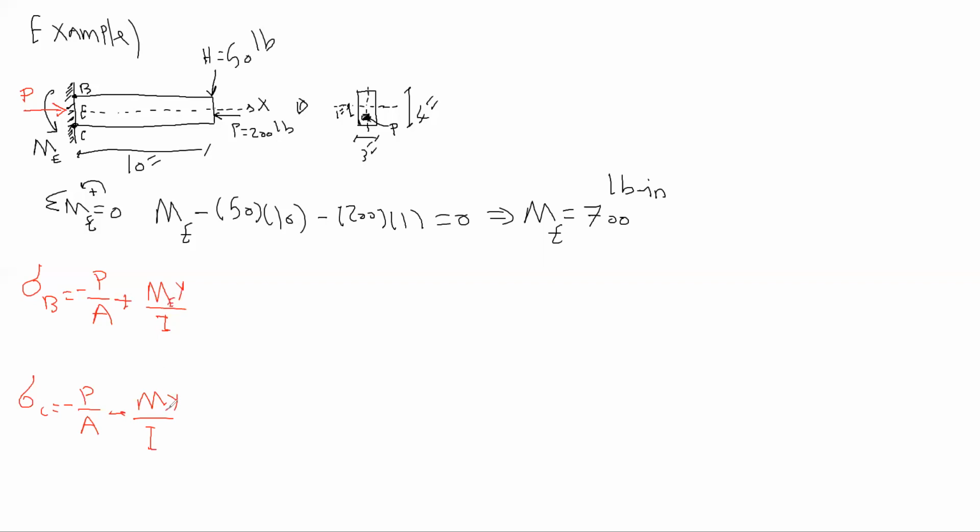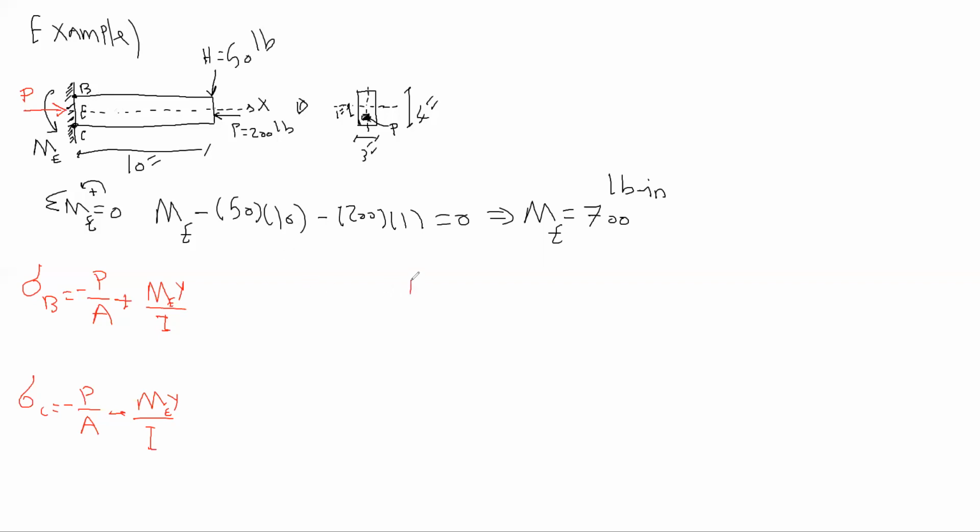This is M, right? Use the right hand: put your fingers in the direction of M, which is counterclockwise. You compress C and B is under tension.